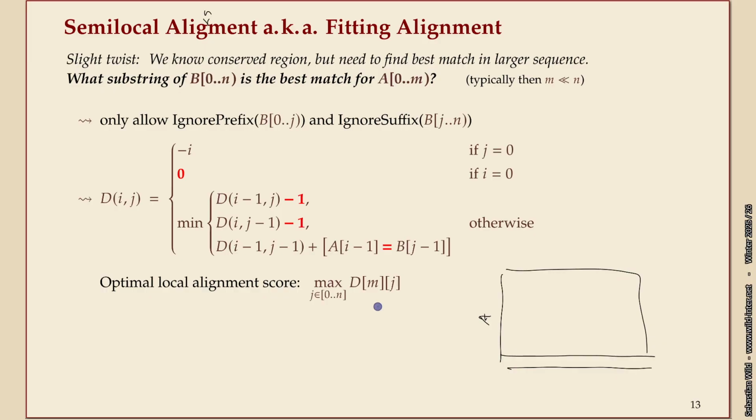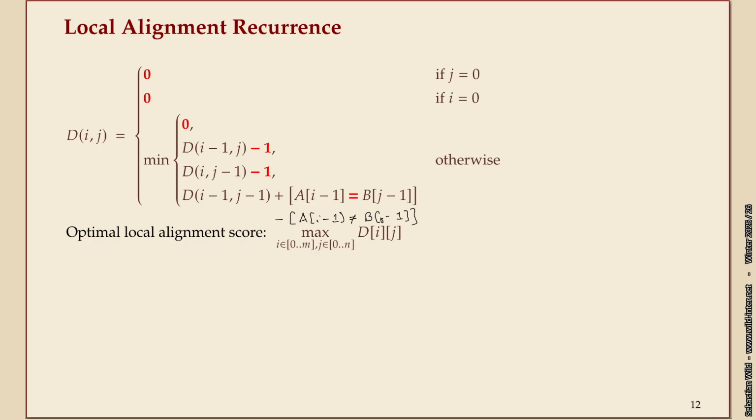I think the formula is okay. Yeah. Any of these positions ignores a suffix of B, and that's what we want to do. And the rest of the dynamic programming recursion is as for the local alignments.